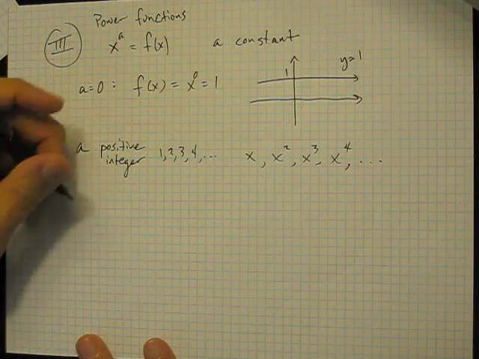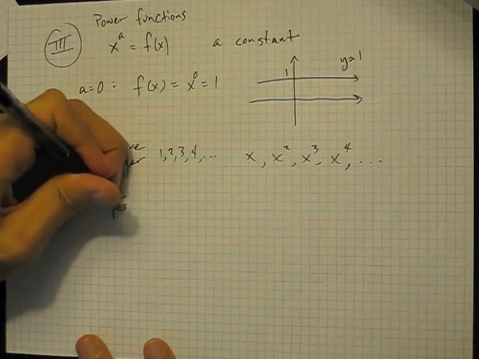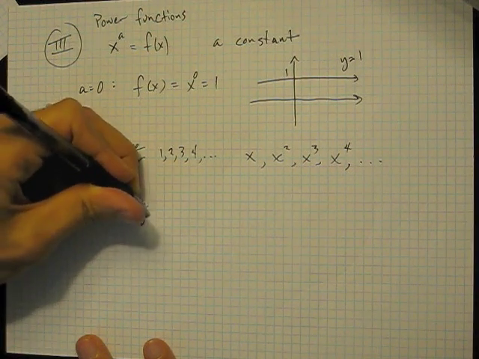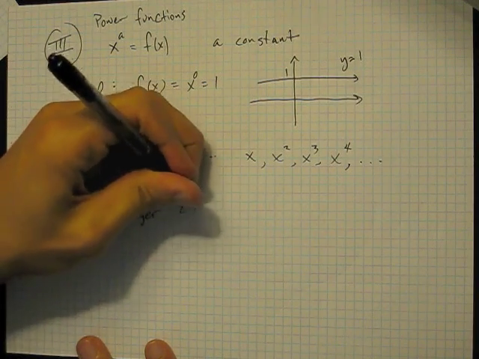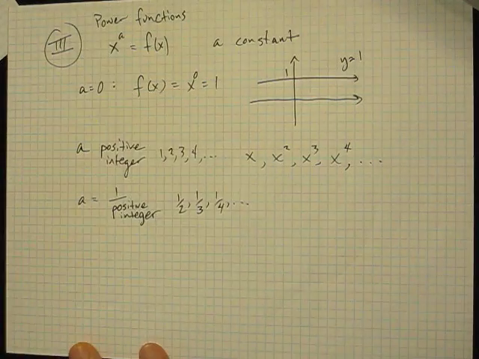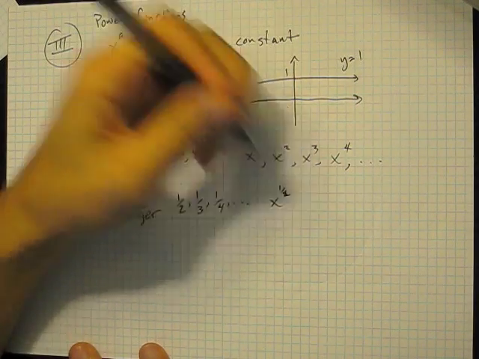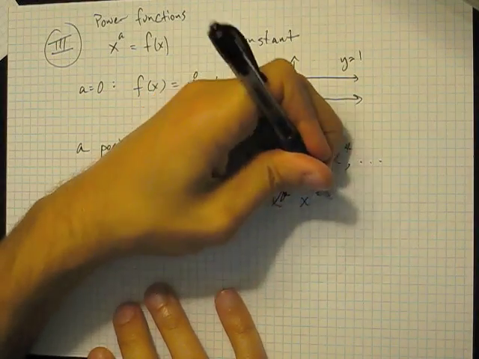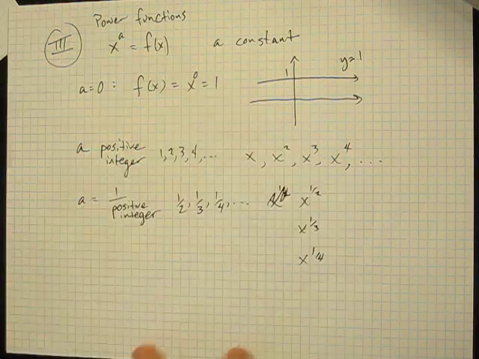What's more interesting is when a is equal to 1 over a positive integer. So how about a half, 1/3, 1/4, and so on. So x to the 1/2, x to the 1/3, x to the 1/4, and so on.